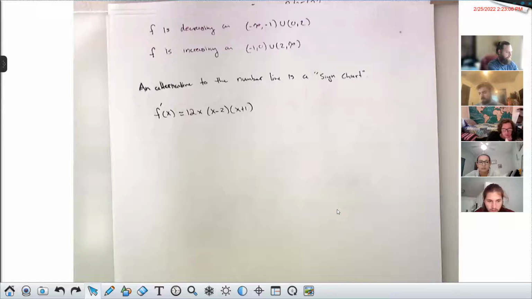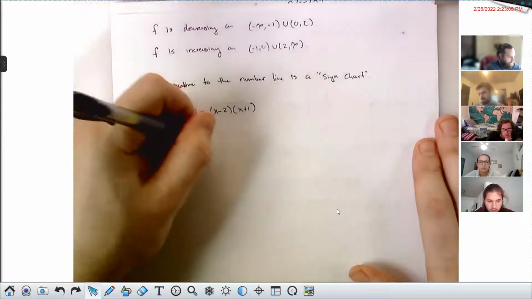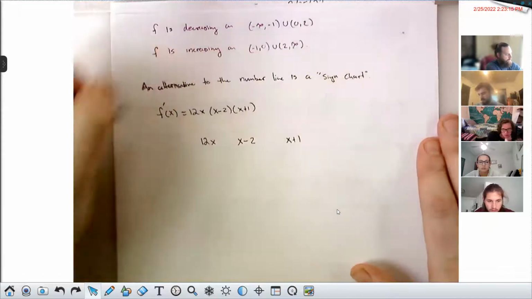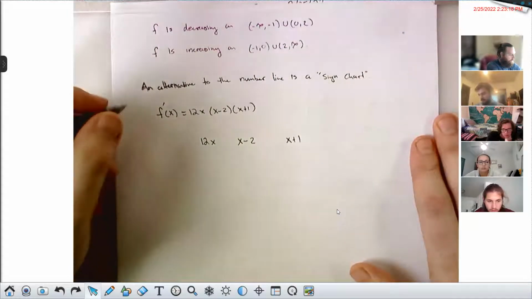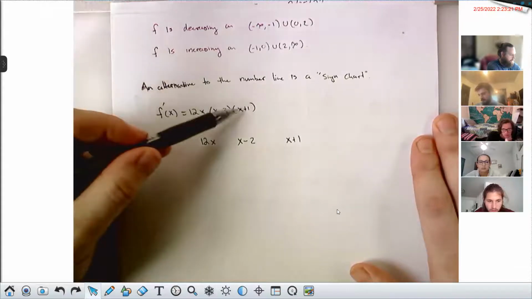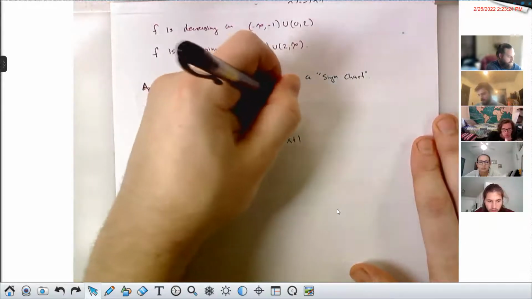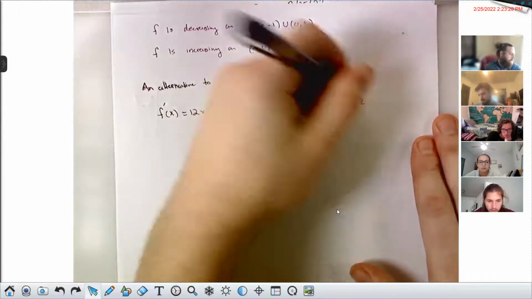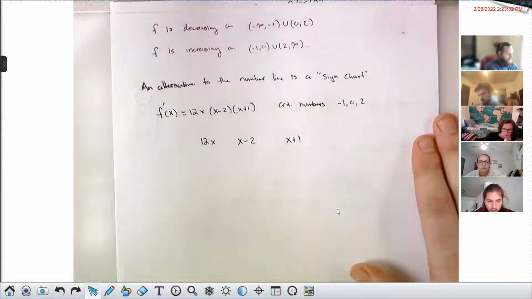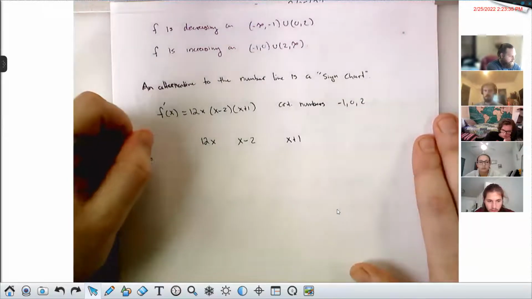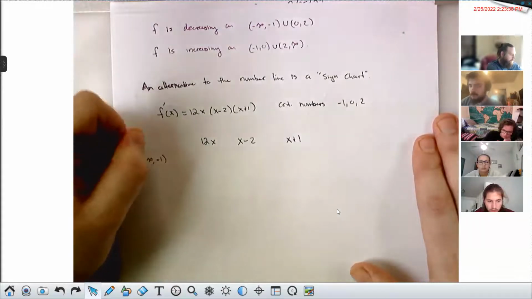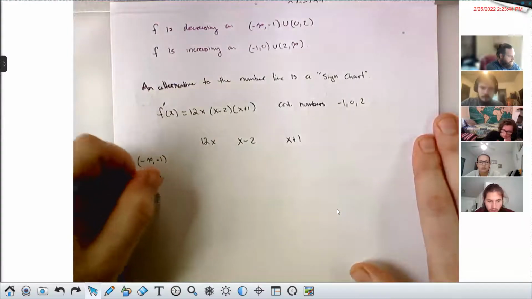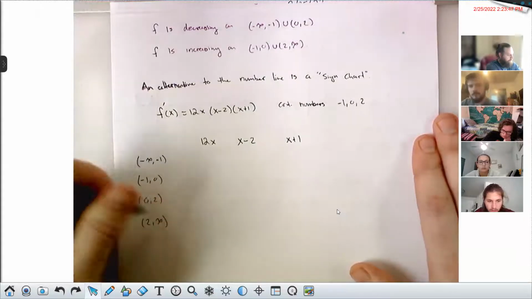So you can put the factors 12x, x minus 2, and x plus 1 over here. And then you can consider your intervals. Now the leftmost critical number, so write down the critical numbers. They were -1, 0, and 2. So that chops the real line up into 4 regions from -∞ to -1, from -1 to 0, from 0 to 2, and from 2 to infinity.